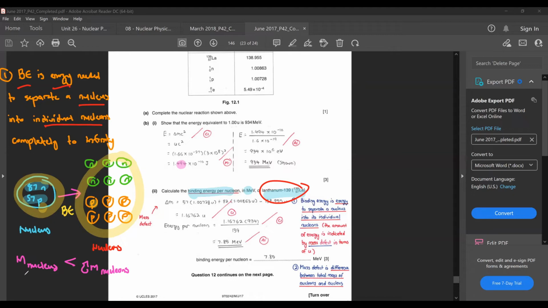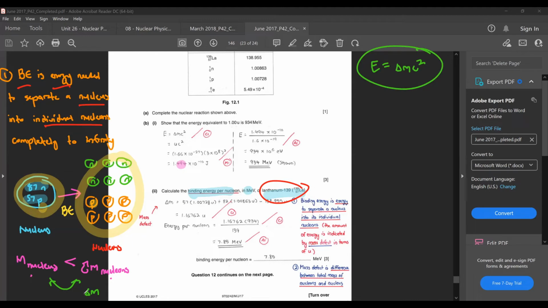Okay, so because the mass of the nucleus is less than the total mass of your nucleons, you actually have a difference in mass. You have mass defect. Okay, and just now I also mentioned to you, when you want to find out the energy associated with a mass change, you must use E equals delta m c squared.